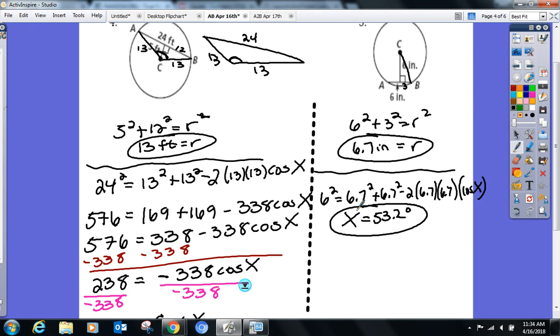You do 6.7 squared plus 6.7 squared, move it over, divide by the negative number, and then inverse cosine, and you should end up with 53.2.